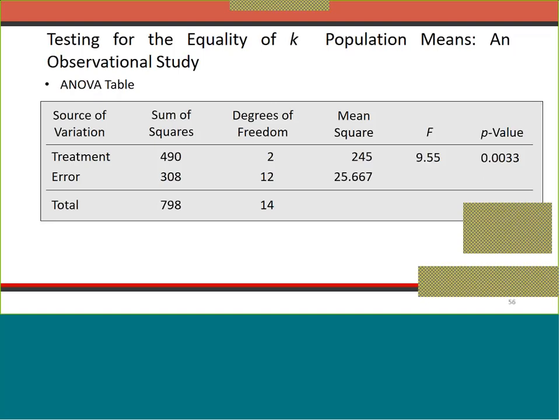The mean squares we calculated are 245 and 25.667. So you calculate the F value as 245 by 25.667. Then you can write the p-value here. You know how to calculate the p-value. I have written the exact value using a mathematical program, but you can write a value by using a table.